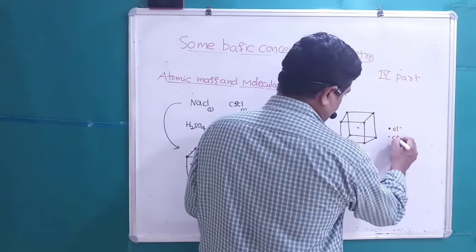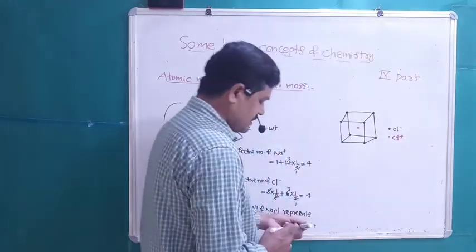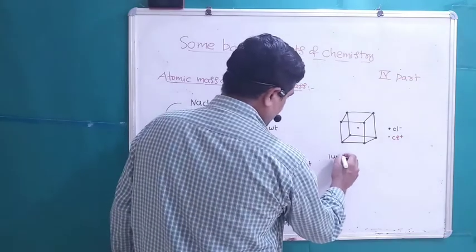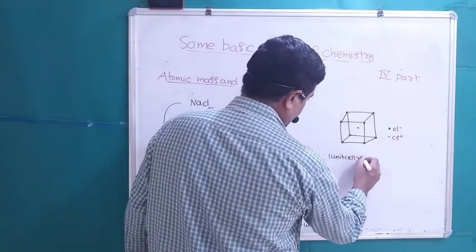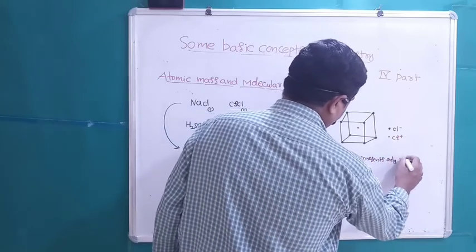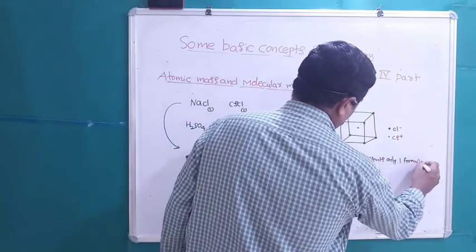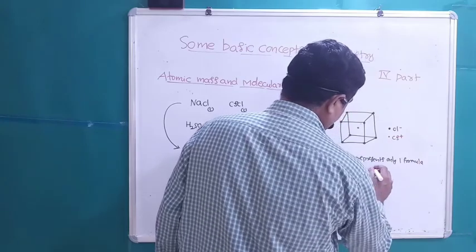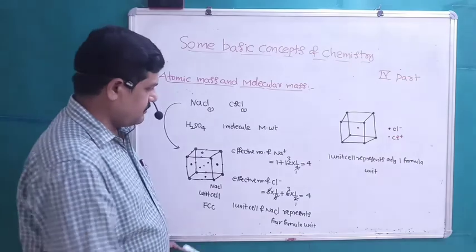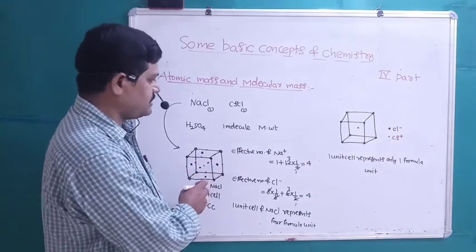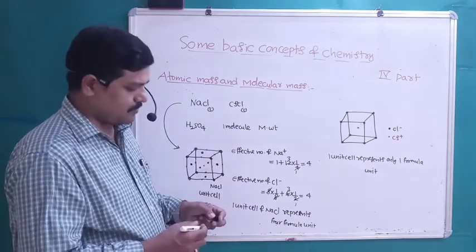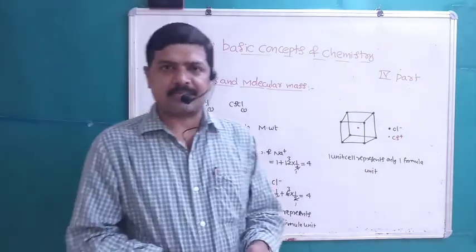So here 1 unit cell represents only 1 formula unit. So for ionic compounds, generally we express the mass as formula mass instead of molecular mass. Thanks for watching.